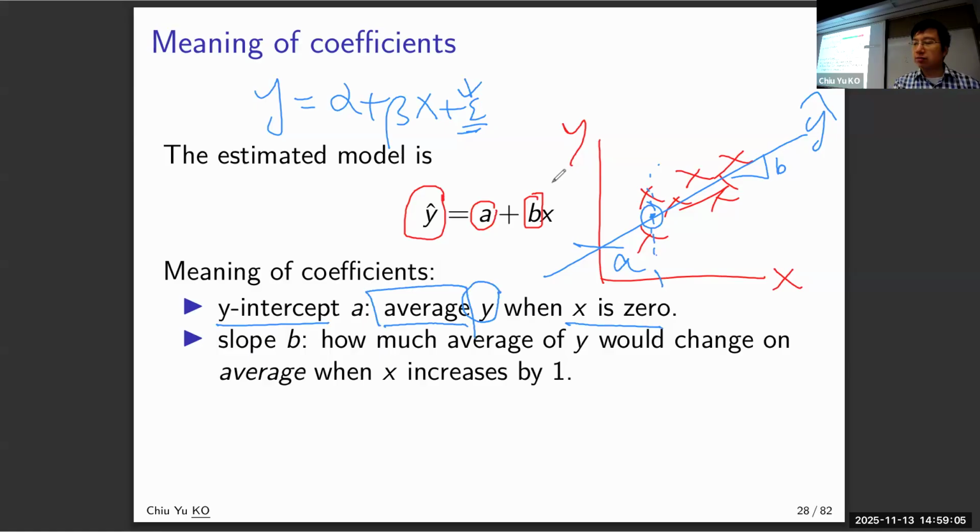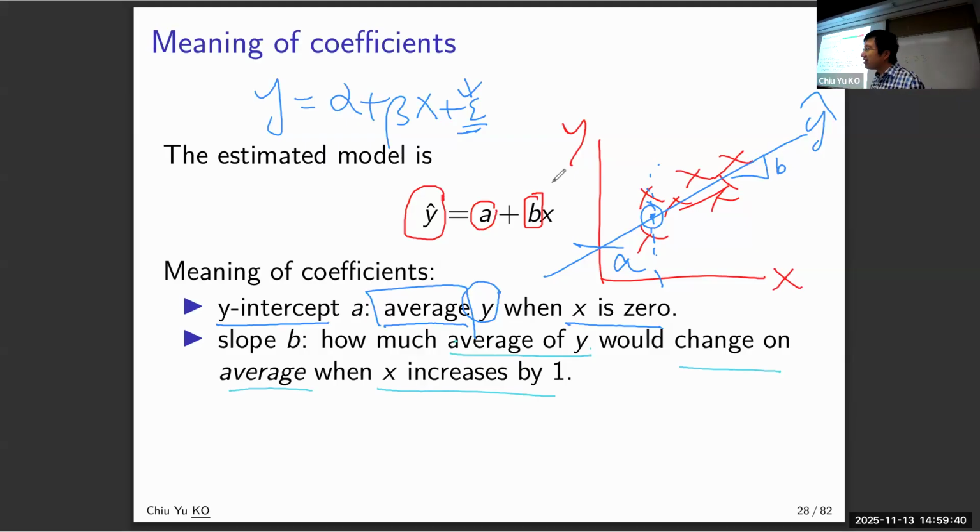Because now it's a probability model. And what is B? B is, if you increase x by 1, how much does y increase on average? Those are the two averages here. A change of x would change the average y.